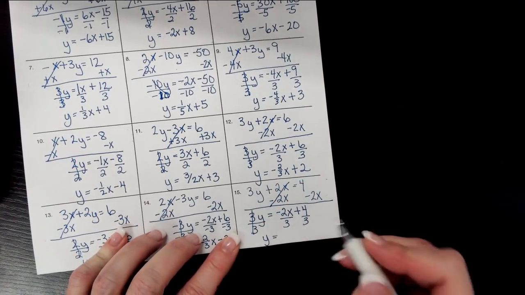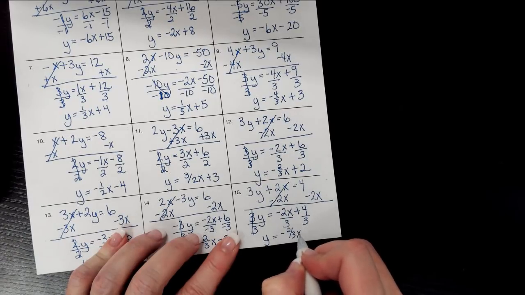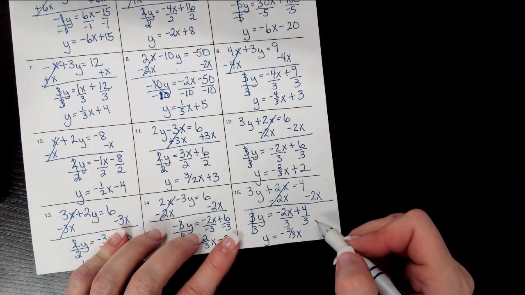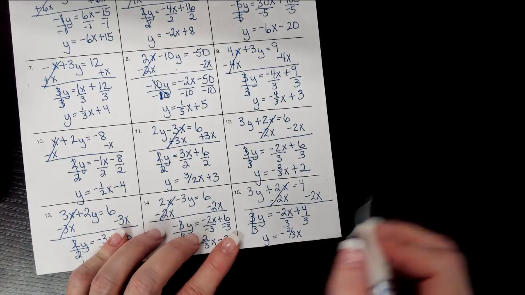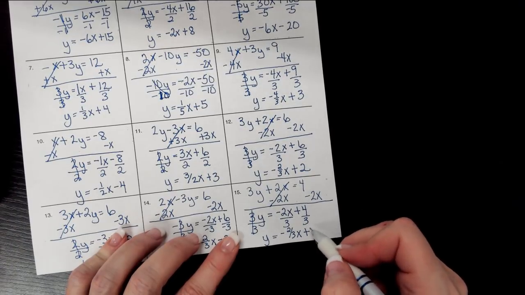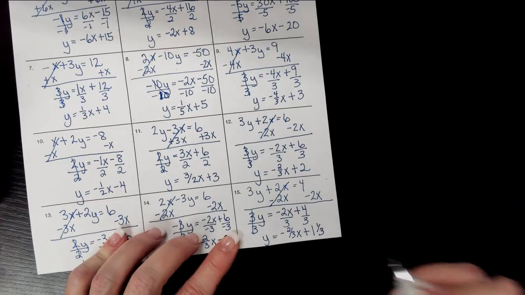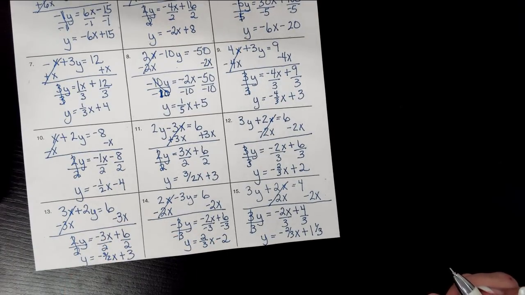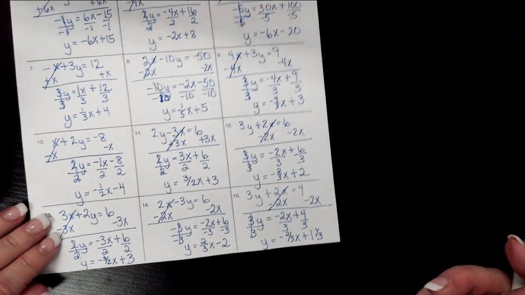So y equals, I have negative 2/3 x, and then this is 4/3. So this is your y-intercept. This is your b. So I don't really want to leave this as an improper fraction. I want to go ahead and make this a mixed number. So 4 divided by 3, we just have 1 whole time, 1 as the remainder, and you keep the denominator. So 1 and 1/3. Okay. All right, you're doing great.